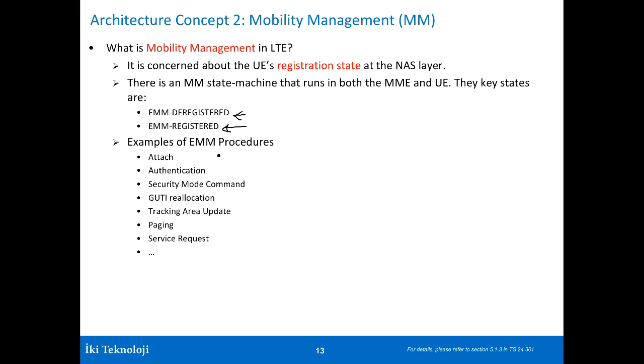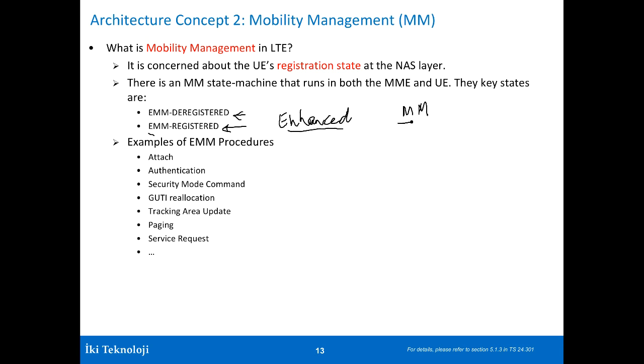Example of these EMM procedures: what is E standing for? E is actually enhanced mobility management, and the reason we've used enhanced mobility management is to separate it out from the 3G specifications where MM was used.